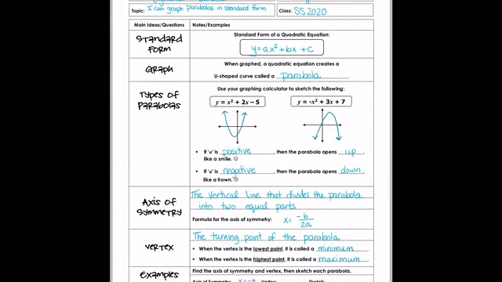To find the vertex, you want to plug in the x value of the axis of symmetry. So we're going to take our equation and put -4 in everywhere we see an x. So -4 squared means -4 times -4, which is positive 16.